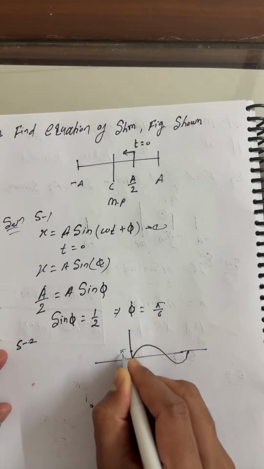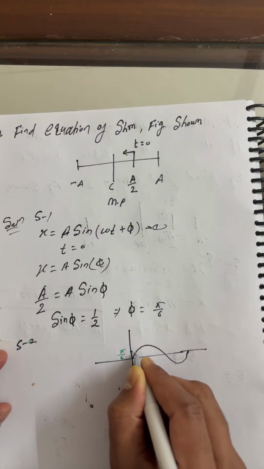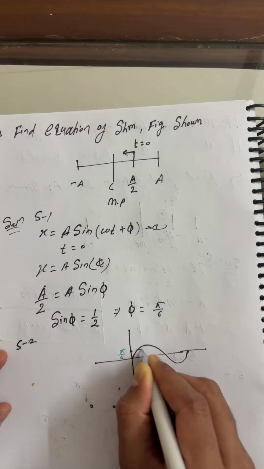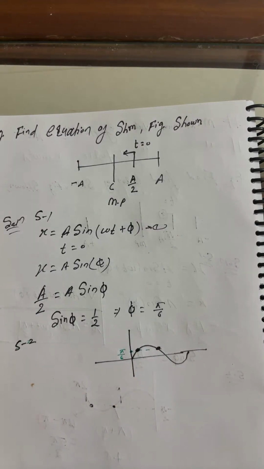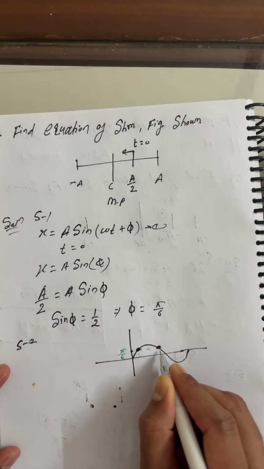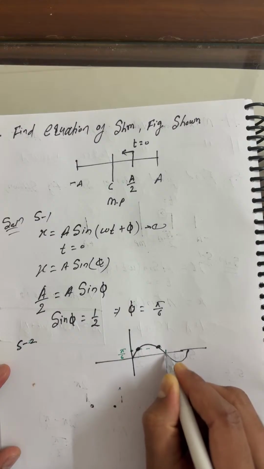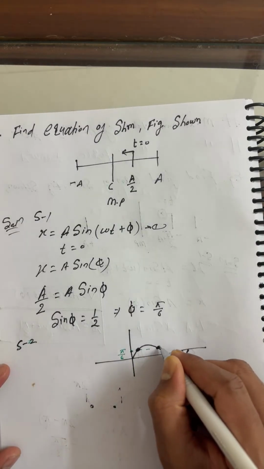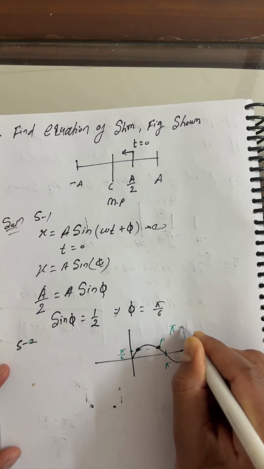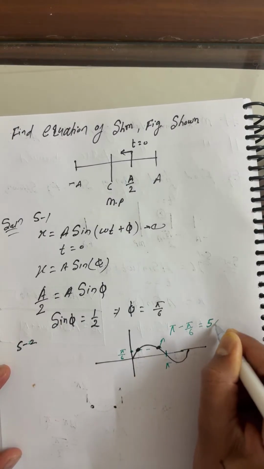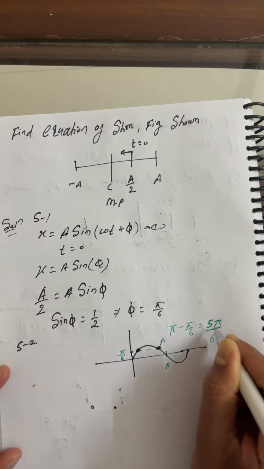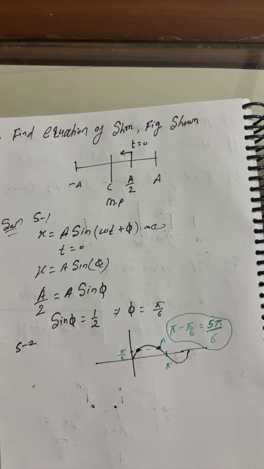Considering pi by 6 here, this point touches two points: point 1 is pi by 6, and point 2 is pi minus pi by 6, which is nothing but 5 pi by 6. Right?